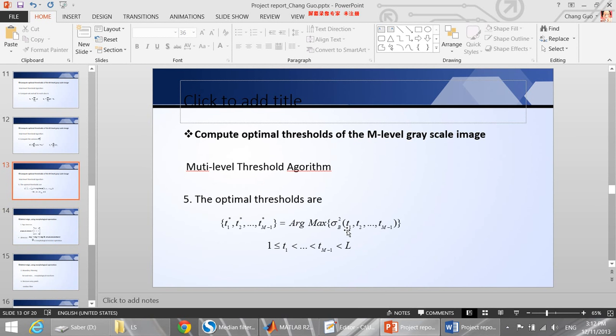If the number of threshold classes is less than the number of peaks in the histogram of the image, the details of gradual intensity changes which are significant are lost, and if the number of threshold classes is larger than the number of peaks, there will be noise in the image. So, the optimal number of thresholds is equal to the number of the peaks of the image. The output is that.